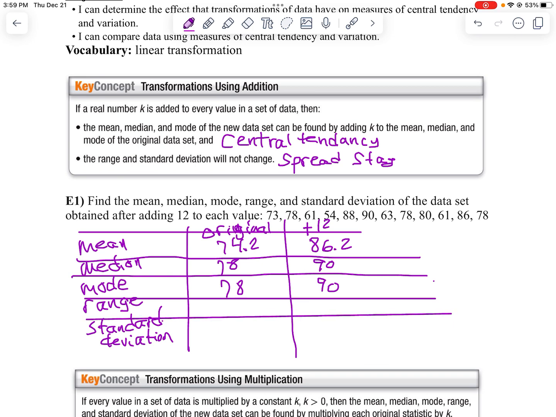Now, let's find the range of our data set. Let's go through here, and we should be able to do this one by hand. I want to find the smallest number. Looks like 61 is my smallest number. I don't see anything smaller than 61. I just noticed I had two 61s, didn't I? And do I have anything bigger than 90?